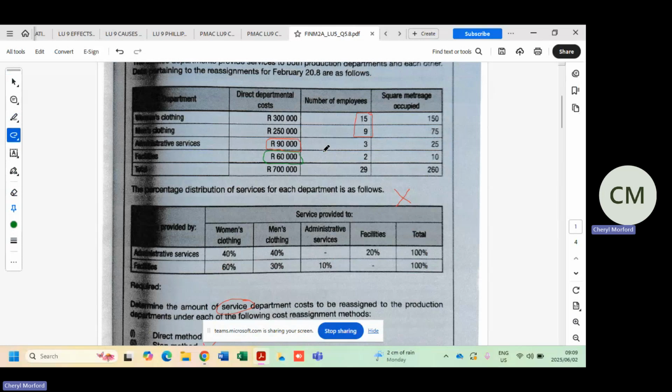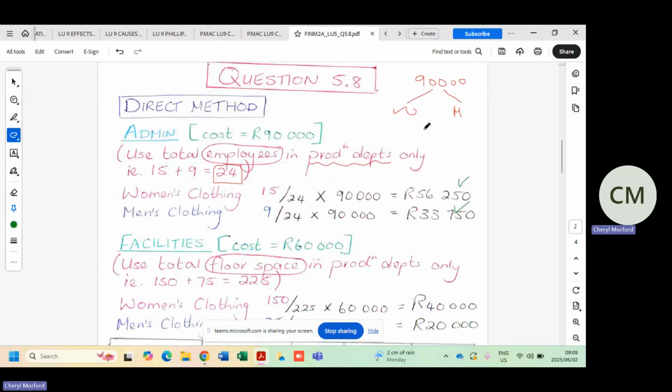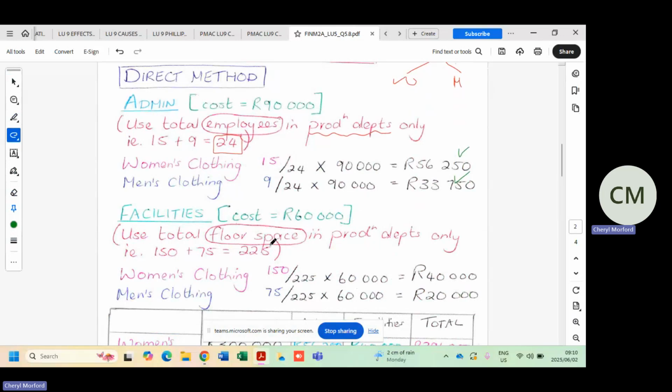So we are going to take the amount of floor space, which is up here in the production departments, 150 plus 75, which will give us a total of 225 square meters. So I'm going to literally take that 60,000 and split it into women's and men's, but on a different basis.